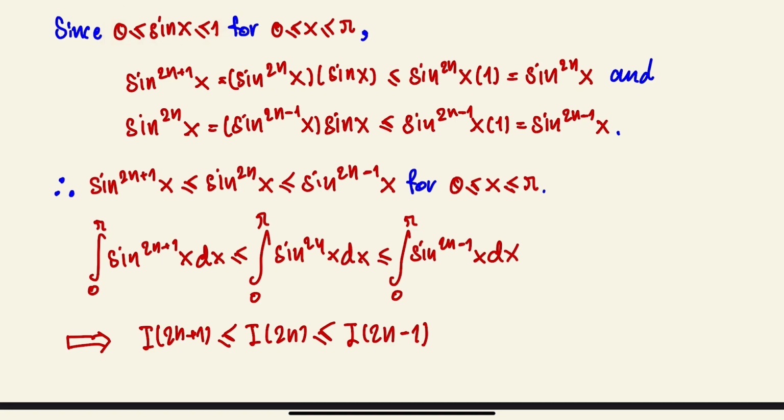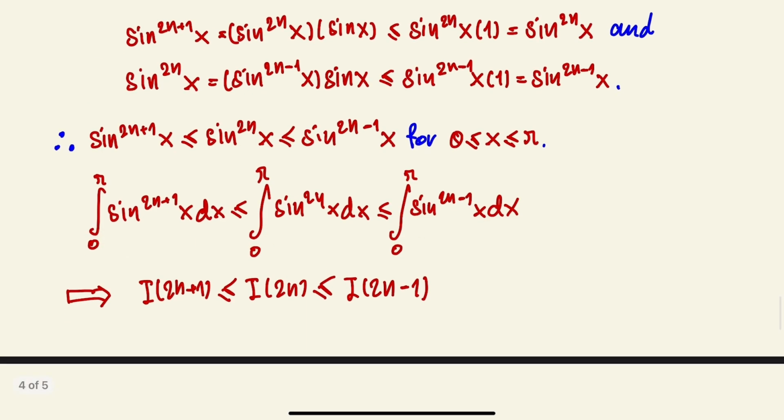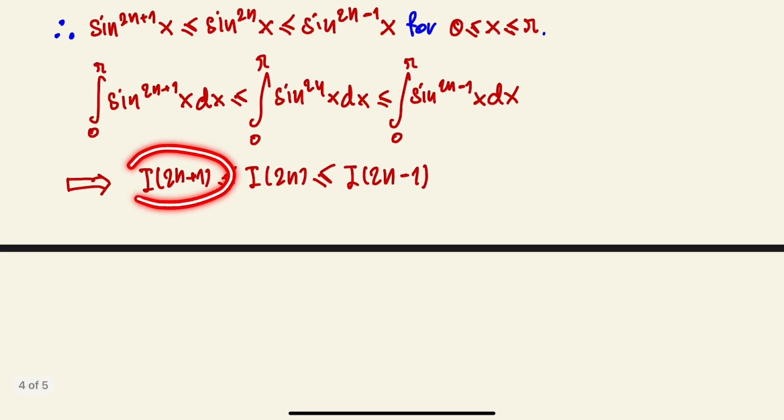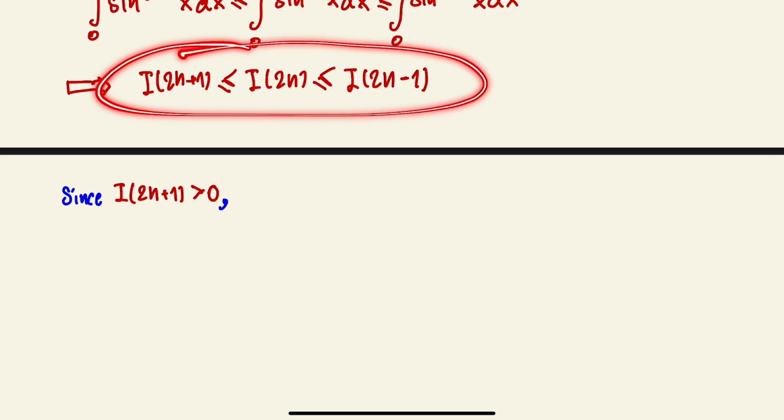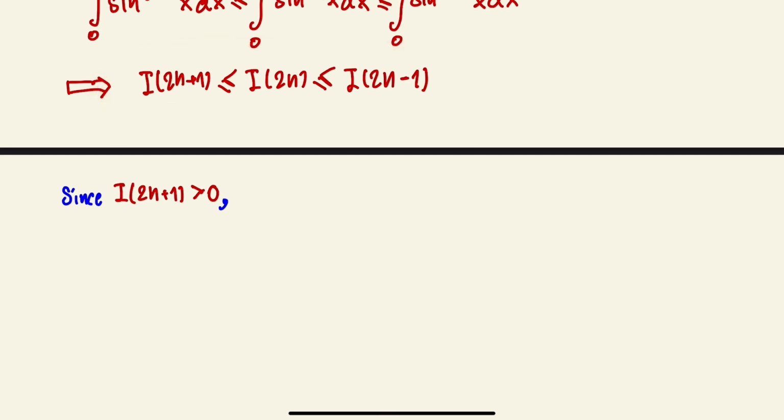So all of these integrals must be greater than 0. Once I of 2n plus 1 is greater than 0, we can divide this inequality by I of 2n plus 1.